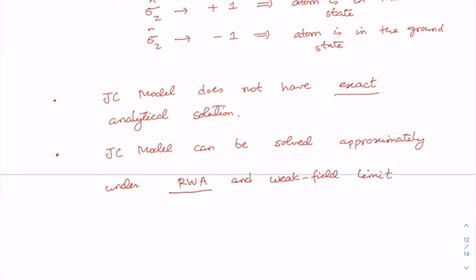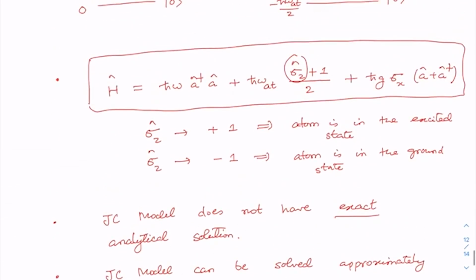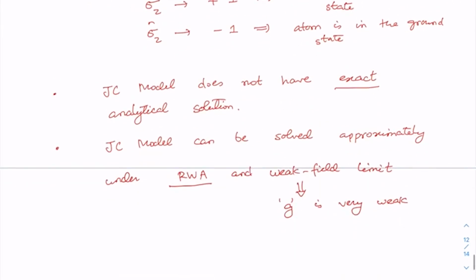By weak field limit, I mean that this coupling parameter Z is very weak. That means this last term, the coupling term, is going to be considered as a kind of perturbation.